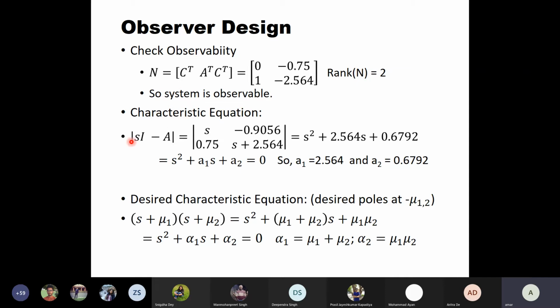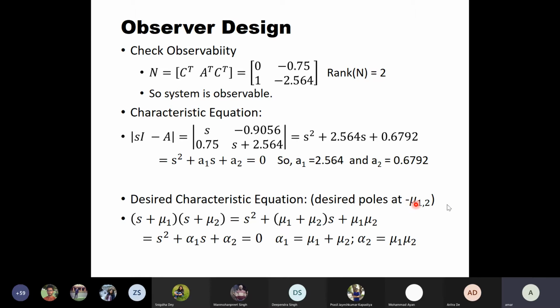The next step is to find the characteristic equation, so sI minus A. From here I can find out A1 and A2. A1 is 2.564, A2 is 0.6792. I also find the desired characteristic equation.